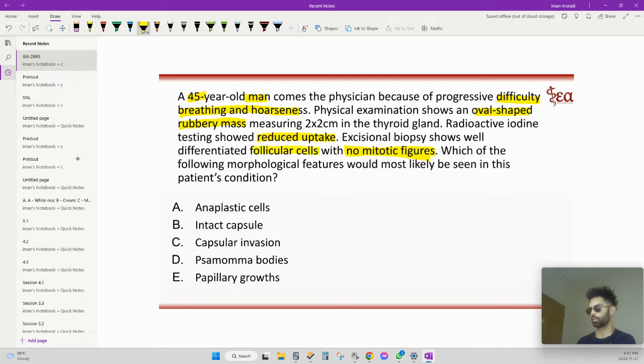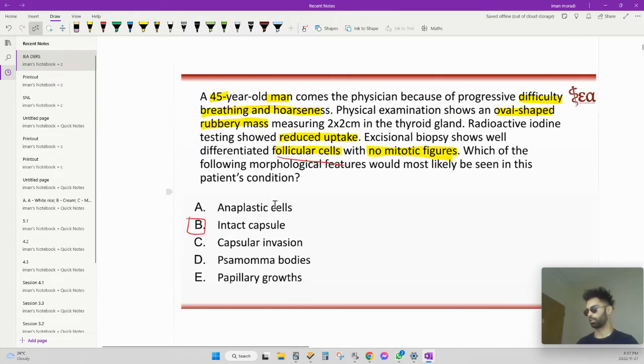So it's the differentiated follicular cells, right? The fact that they're not mitotic suggests to me it's a benign thing, and that sounds like something with an intact capsule, right? And the follicular cell sounds like a follicular adenoma of the thyroid.